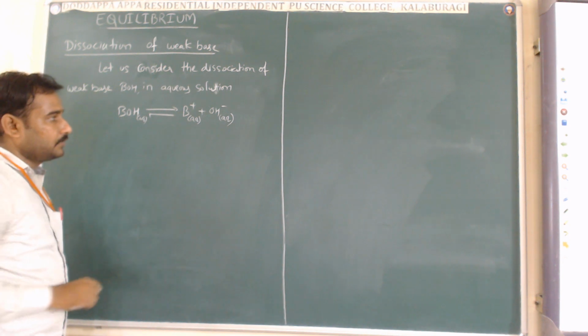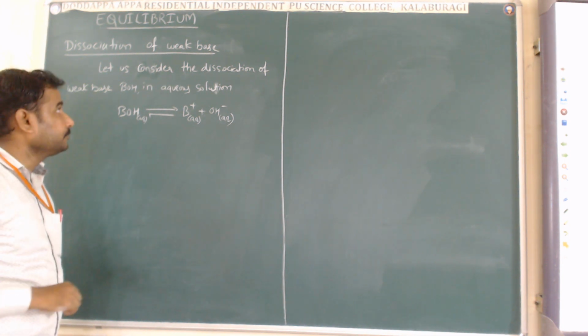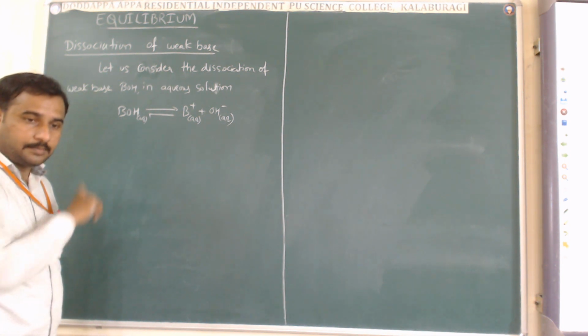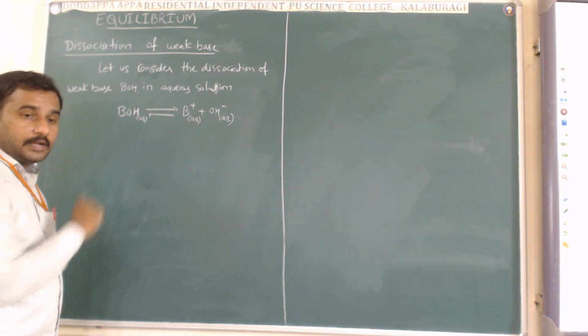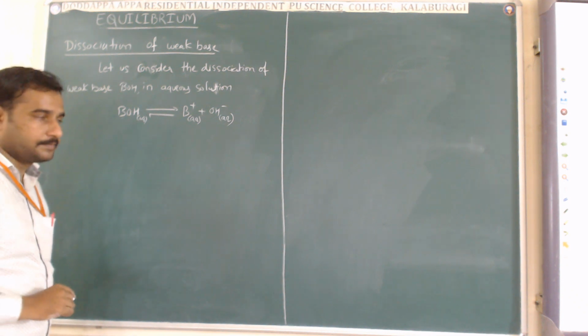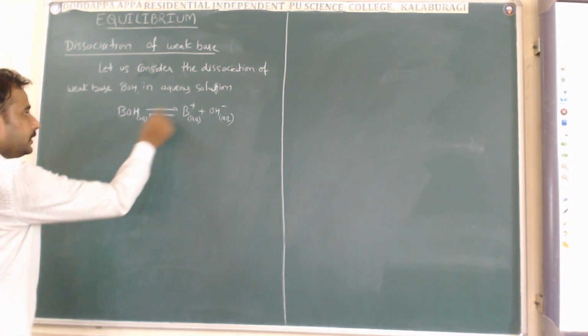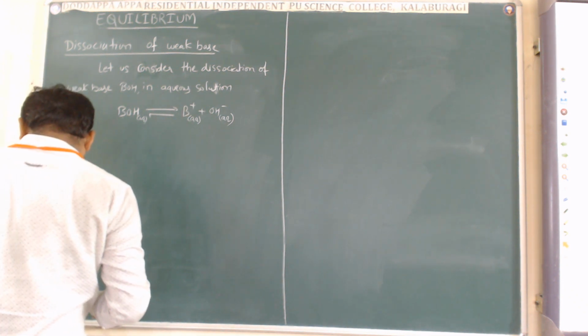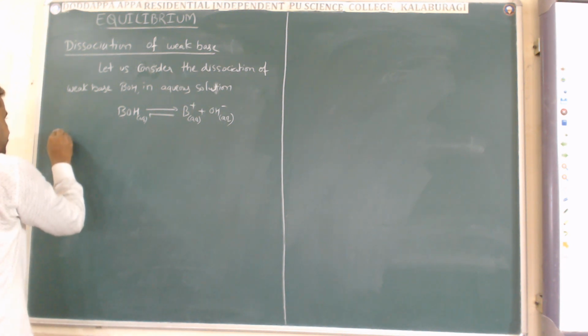In the last one, for dissociation of weak acid, we took an acid reaction. Here we are taking a base; BOH is a base. So it is undergoing dissociation. First write the initial concentration.